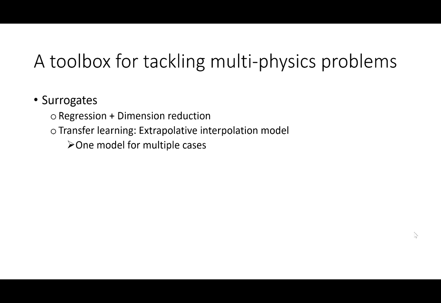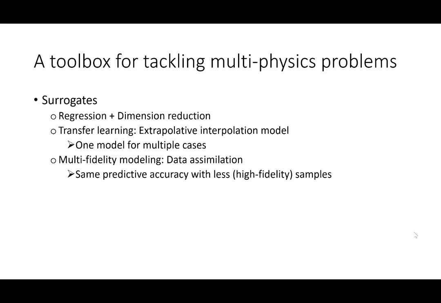We further enhanced the performance of surrogates by making it extrapolative using transfer learning. This way, we can use just one model for multiple different cases. And further, we introduced a data assimilation technique called the multi-fidelity modeling approach. This way, we are able to achieve the same predictive accuracy with much fewer high-fidelity samples. This makes our model generation extremely efficient.